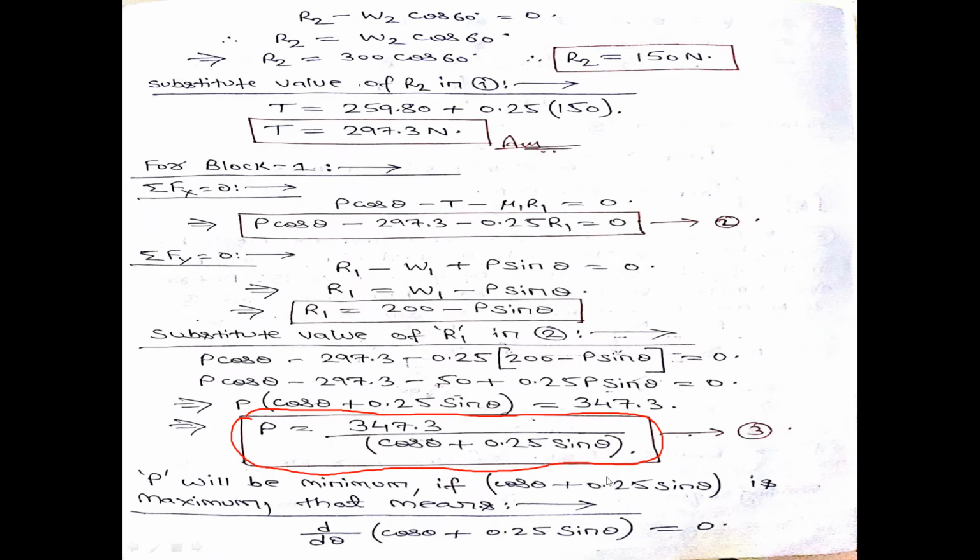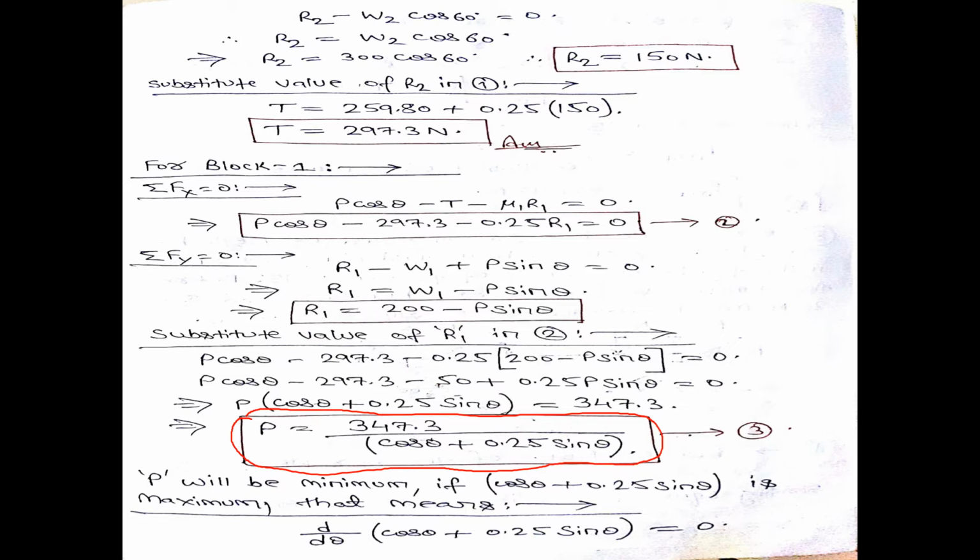So if you want that this P should be minimum, for that the denominator part should be maximum, and the denominator part is nothing but a combination of cos theta plus 0.25 times sine theta. Fine, you have to maximize this denominator part.